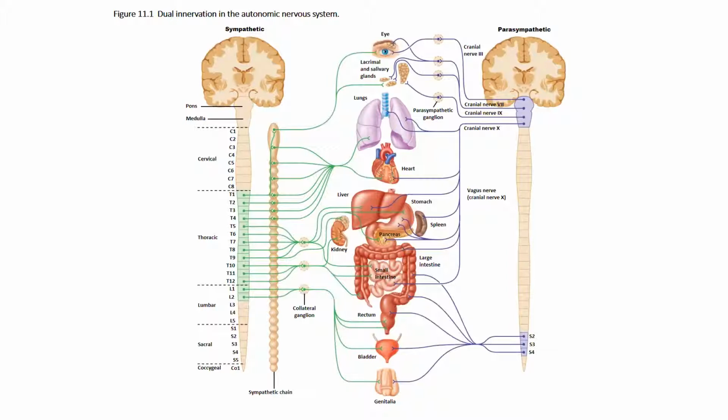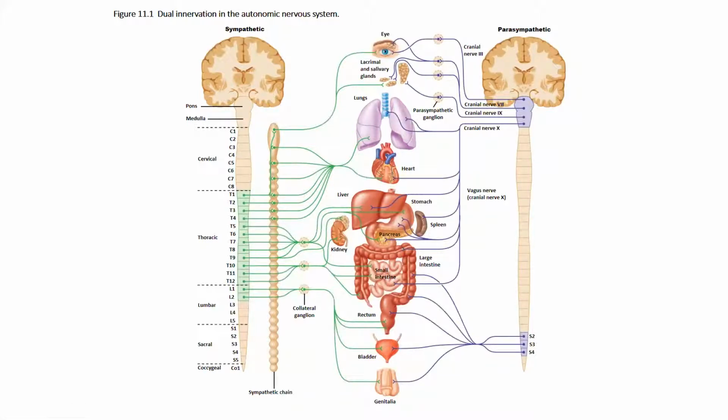As a result, we usually call the sympathetic outflow the thoracolumbar because it's involving the thoracic nerves and L1 and 2, which are parts of the lumbar nerves. And we usually call the parasympathetic division the craniosacral outflow because we're involving the cranial nerves 3, 7, 9, and 10, and then sacral nerves S2, S3, and S4.